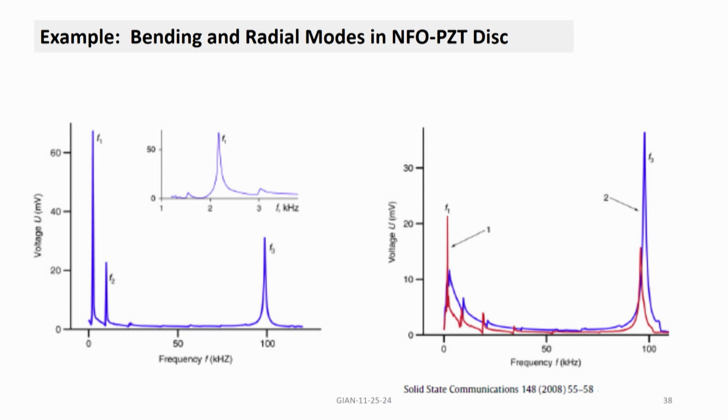And this one here is the bending mode F1, and this is the longitudinal acoustic resonance. So since it's a disk, we call it radial mode.